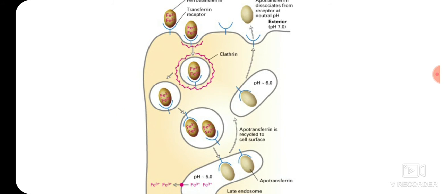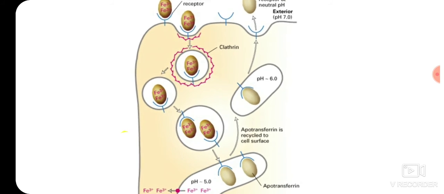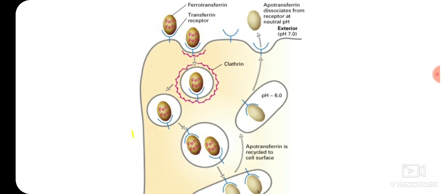This iron binding protein binds with two ions of iron, and then it has a specific receptor called the transferrin receptor.